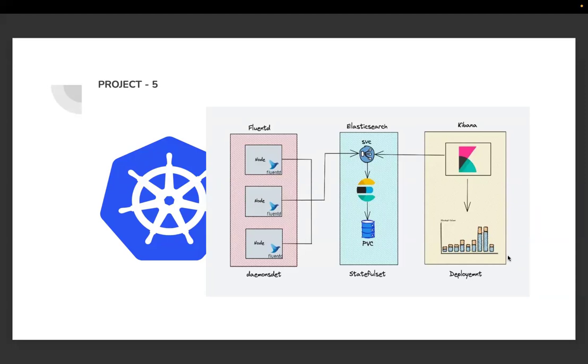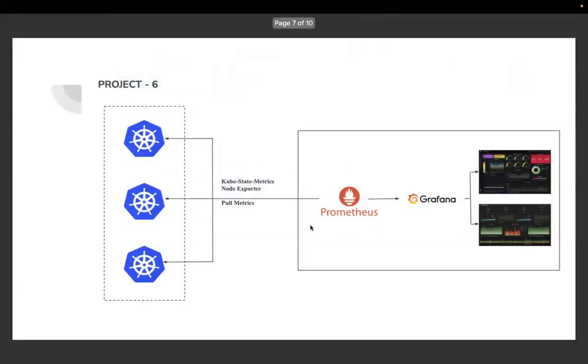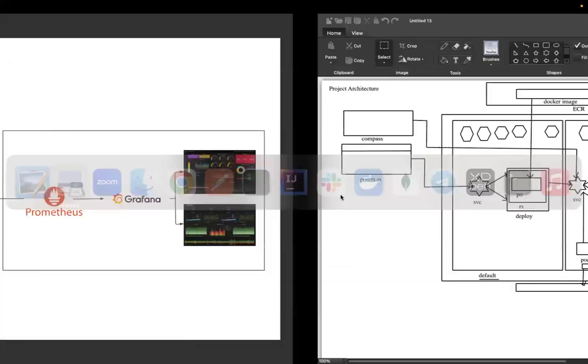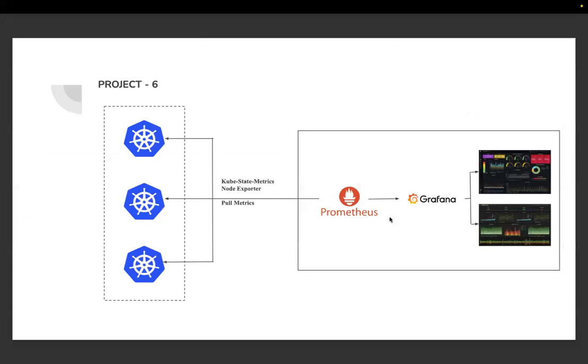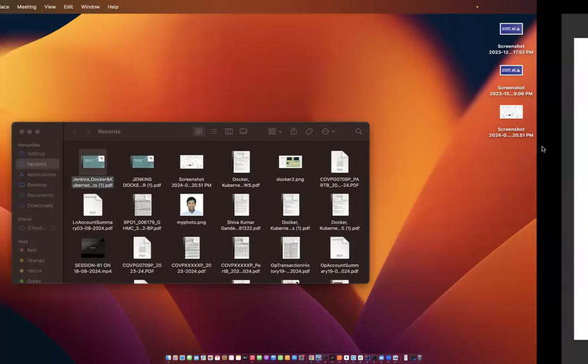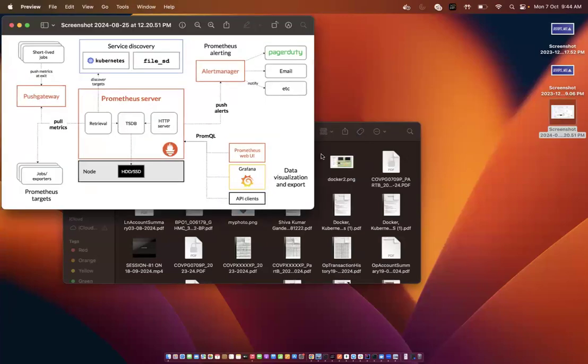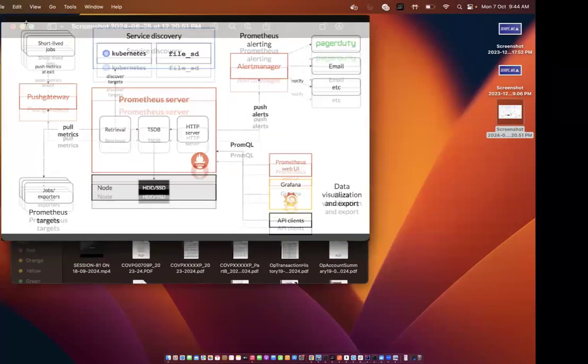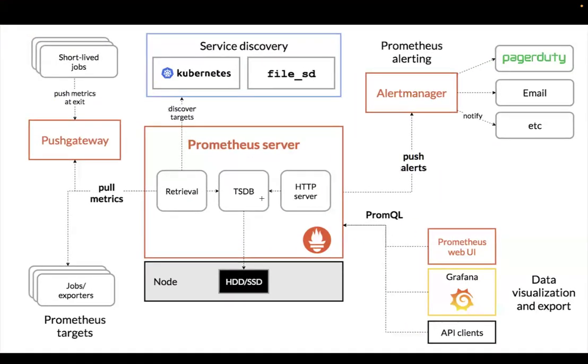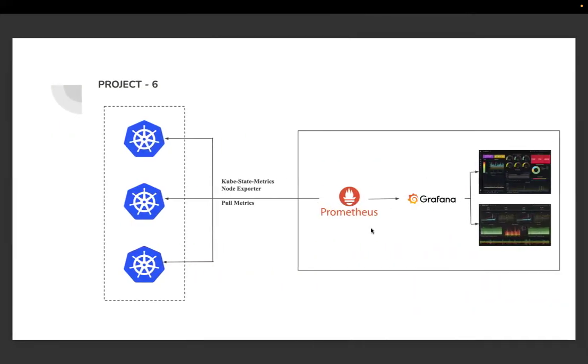It is very important. Okay, project number 6 is this one. To keep it simple, I have put something like this, but the actual architecture diagram will be this one. What will happen here? Our Prometheus server will be continuously fetching the metrics from our Kubernetes cluster. And what are the metrics?